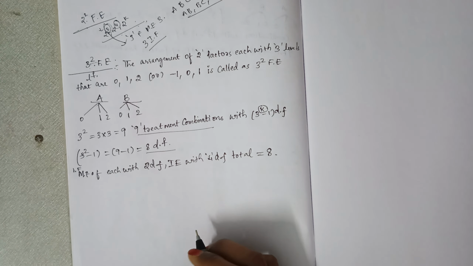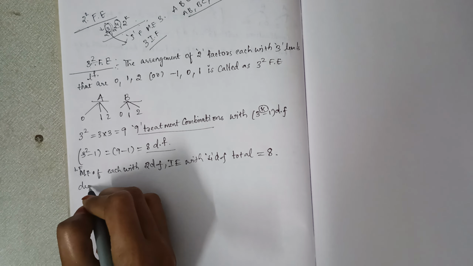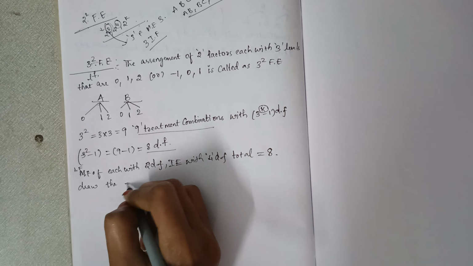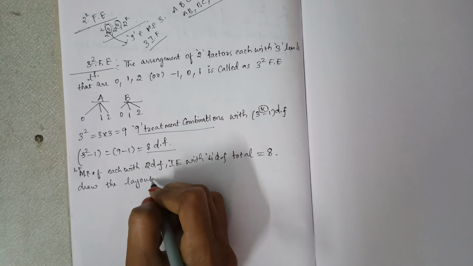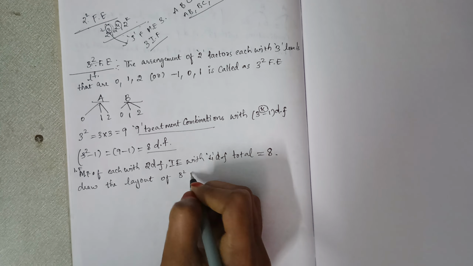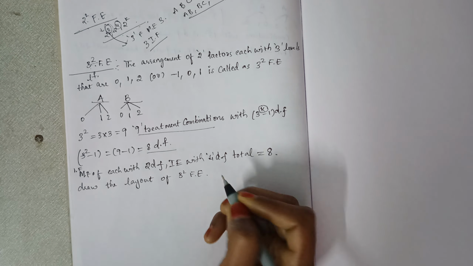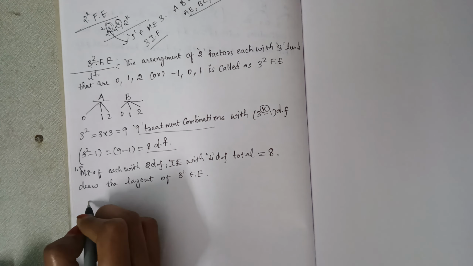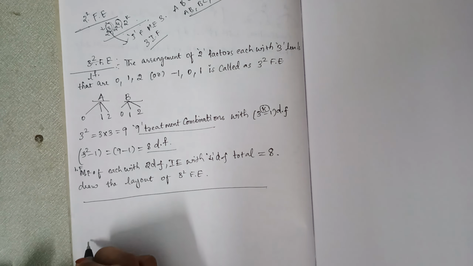Now let us draw the layout of the 3² factorial experiment, which will be like this.